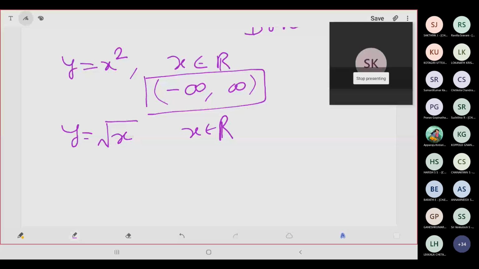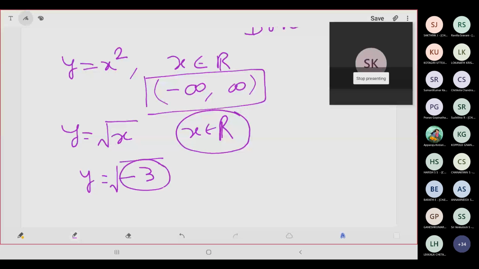Now you can see that suppose we are trying to define the function inside this real line, but look at the negative points of the real line. Take y equal to square root of minus 3. Minus 3 is a real number, but the square root of it is not defined in the real line.